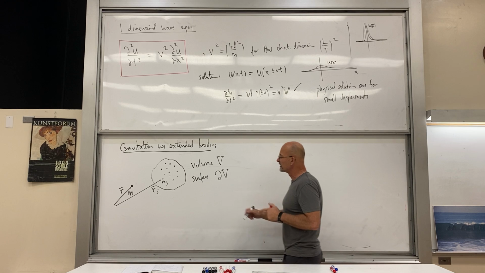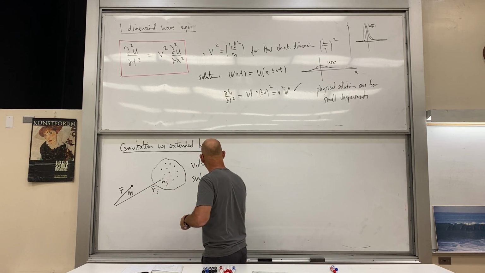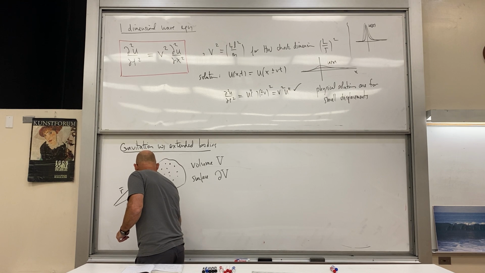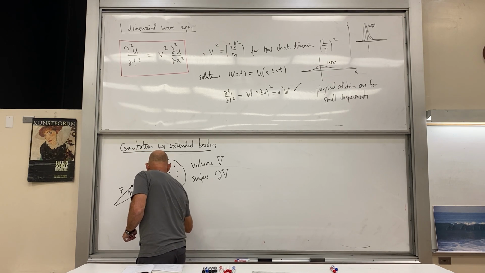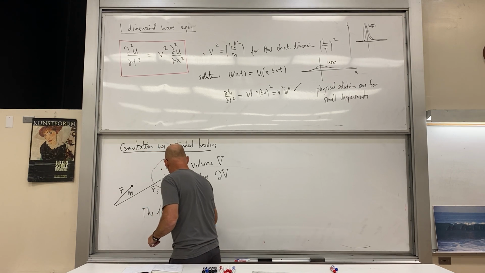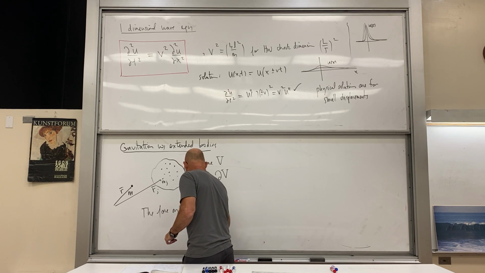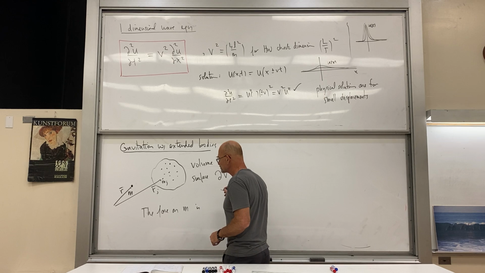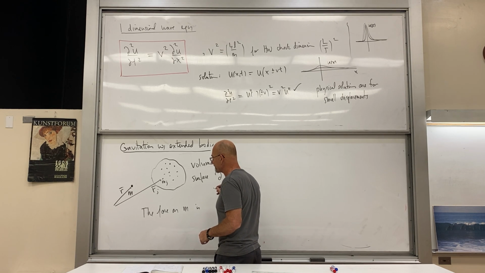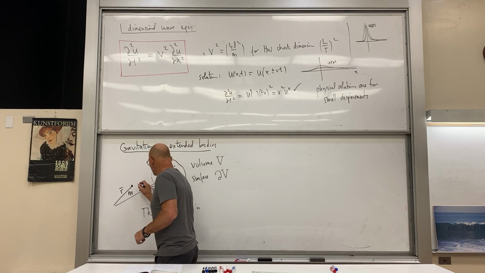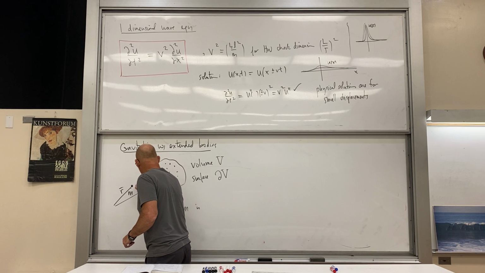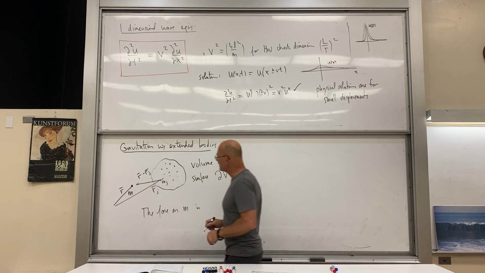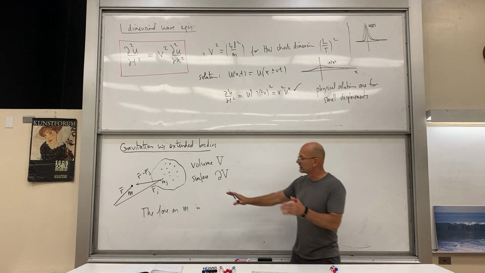So the force on this particle, the force on m is due to all of these, with one more vector here, this is r minus r sub j. Remember we did this with the two-body problem, we set these up here.